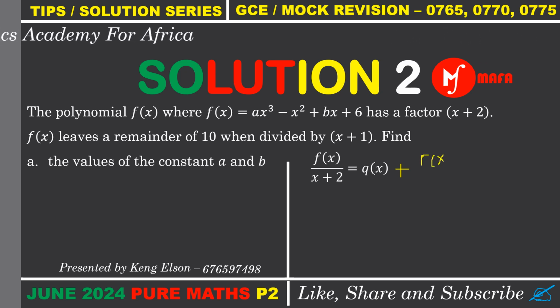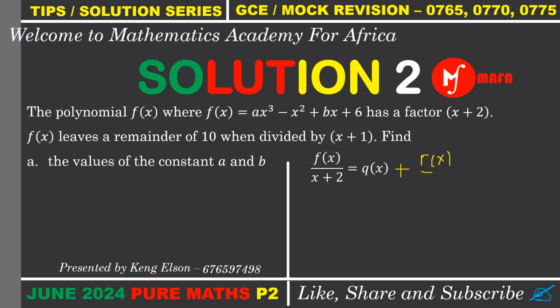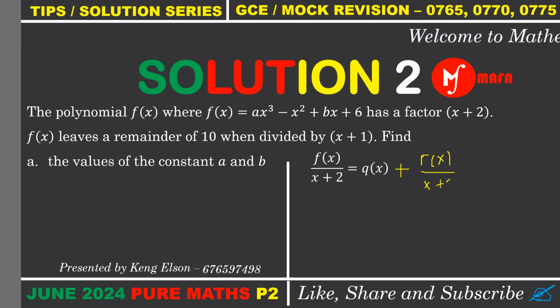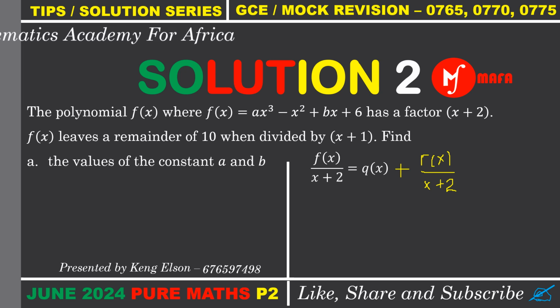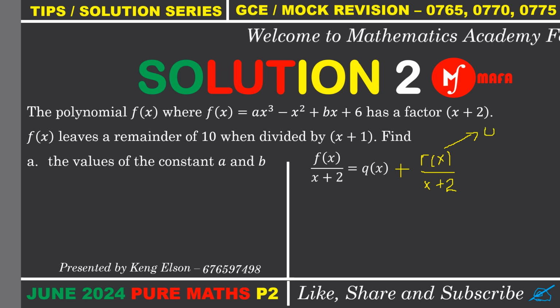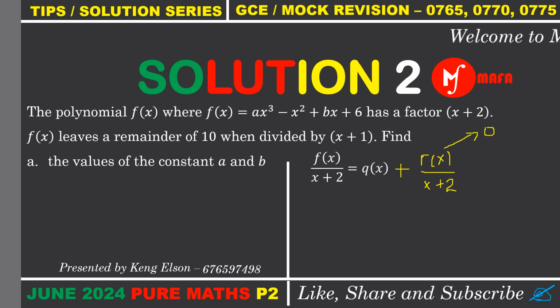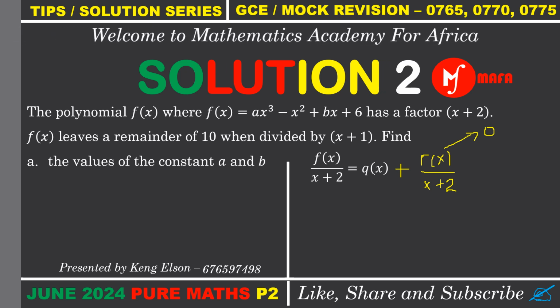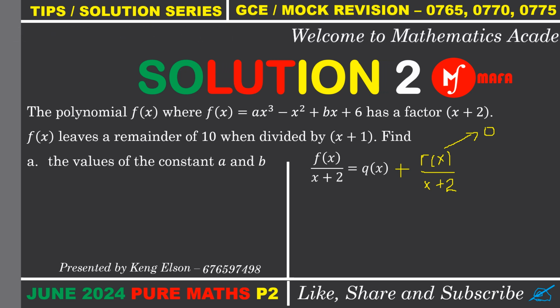Then we divide by x plus 2, because that's our divisor. But we know that x plus 2 is a factor, so this remainder is basically equal to 0. And 0 divided by x plus 2 is 0. That is why we just have f of x over x plus 2 equal to q of x. We don't know what q of x is, we just call it q of x.